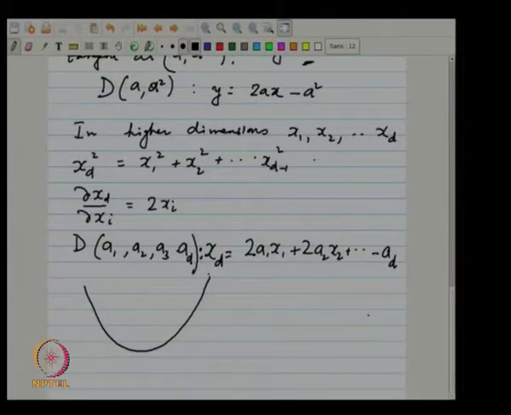Let me talk about another nice property of this paraboloid transform. Here is my parabola.